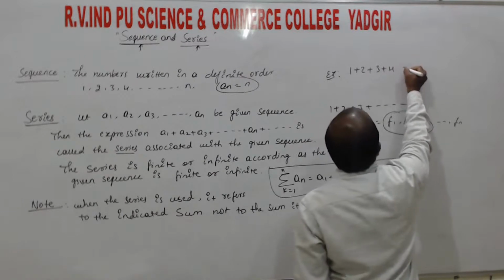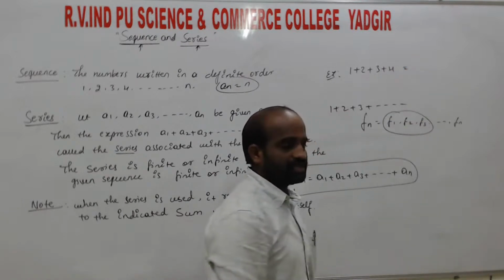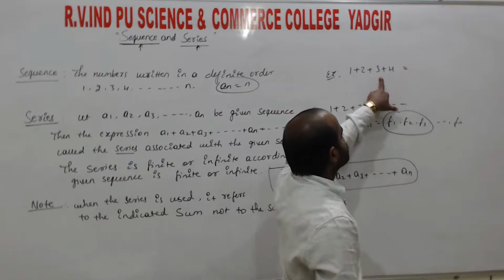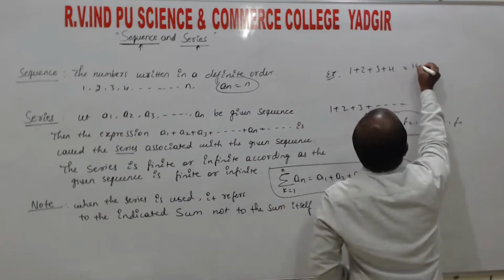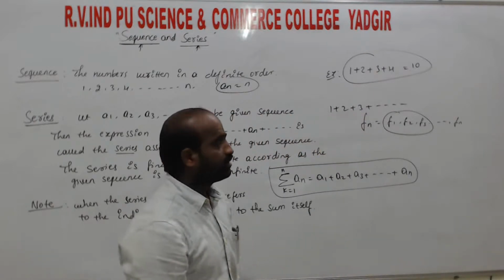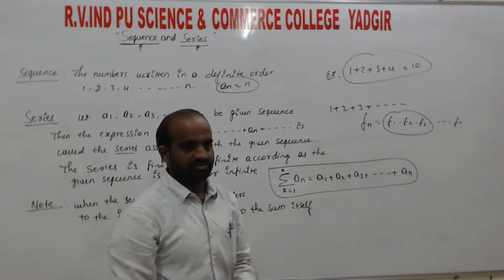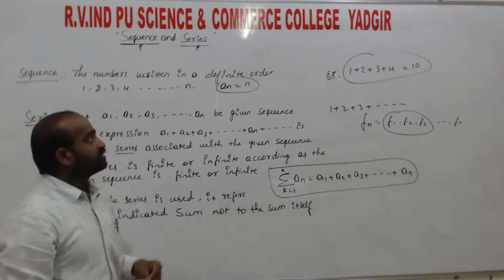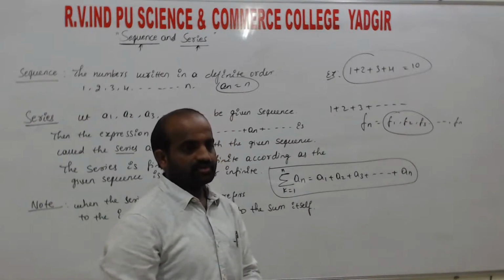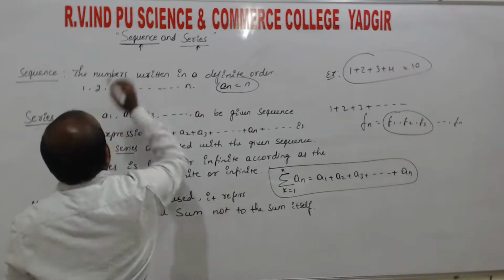The sum of 1 plus 2 plus 3 plus 4 is: 3 plus 3 is 6, plus 4 is 10. This is the sum. Okay, now this is an infinite series. This is totally the introduction part of sequence and series. So first we will discuss sequence.